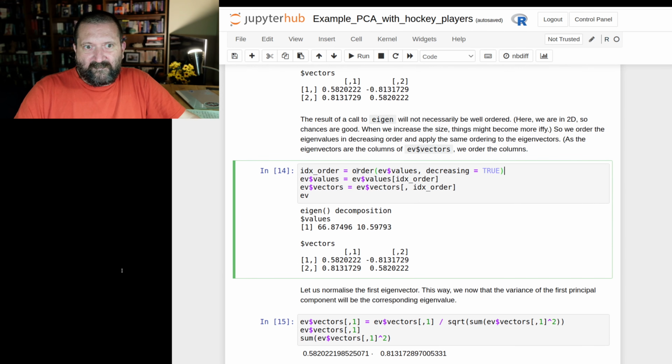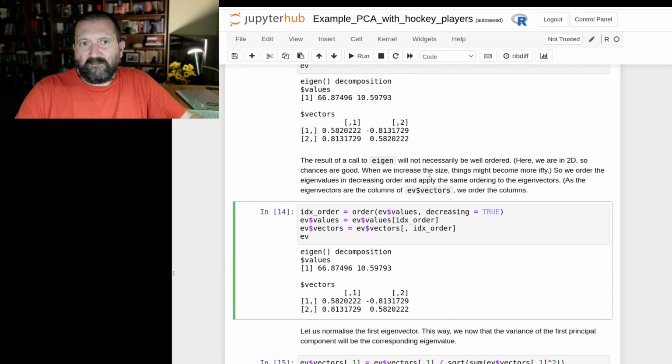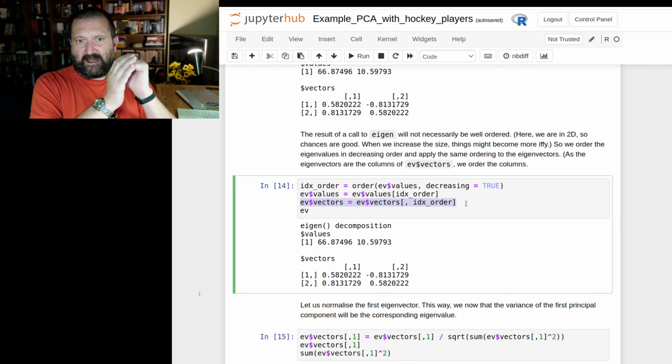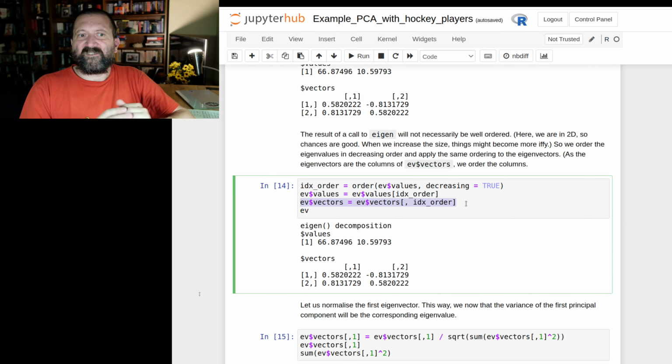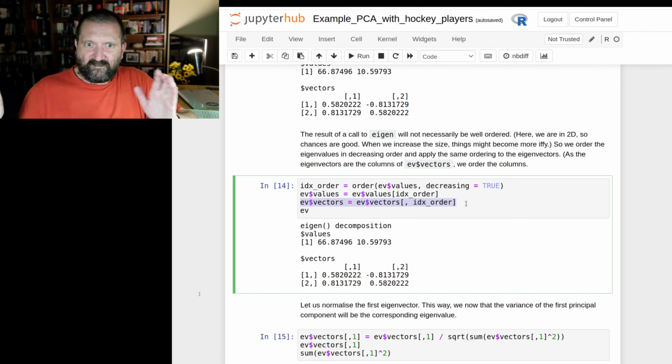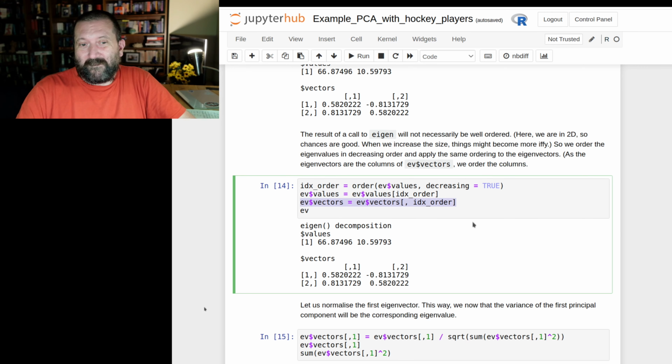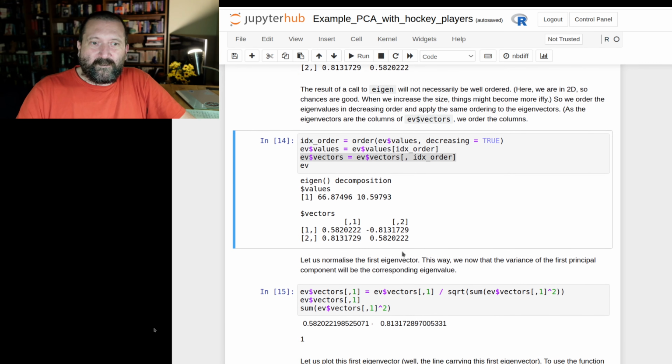I'll get a decreasing ordering of the eigenvalues, and I'm going to apply this to both the eigenvalues and the eigenvectors. This way, I have my eigenvalues in decreasing order, and my eigenvectors are ordered the same way. Here it doesn't change anything because we had the right ordering already, but it could happen that things don't work out that way, and still we will be good.